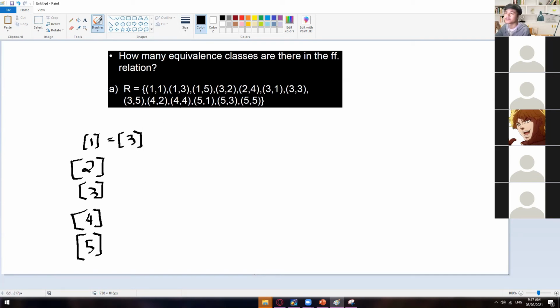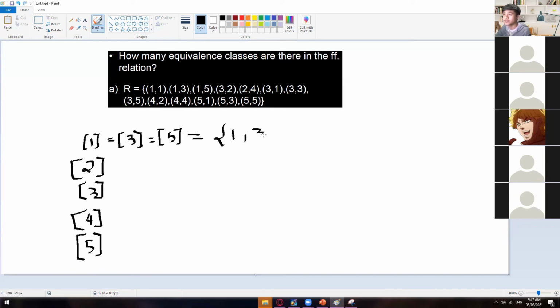And then what else? 1 is also related with 5, so we could say that 1 is also a classmate to element 5. What about 1, 4? Do we have 1, 4? Okay, none.